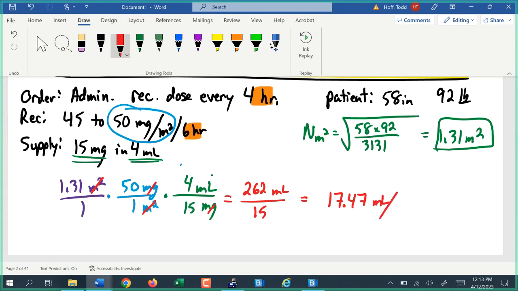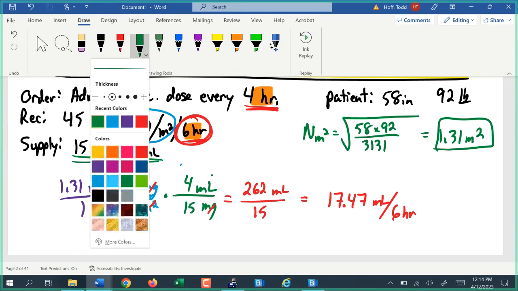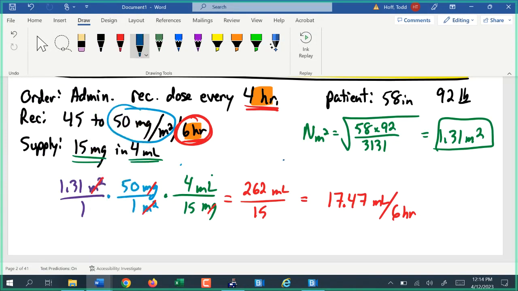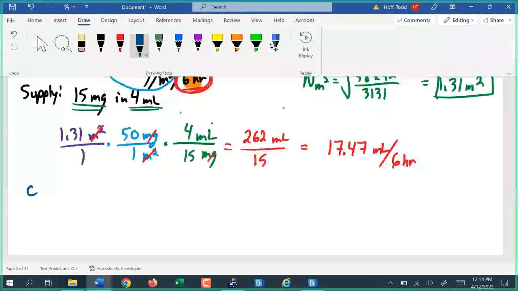Now here again is where we have to remember to bring in our time factor. The recommended dosage was every 6 hours. Doctor wants us to administer the medication every 4 hours. So we have to go back and change that to 4 hours. So we'll start with the 17.47 milliliters.